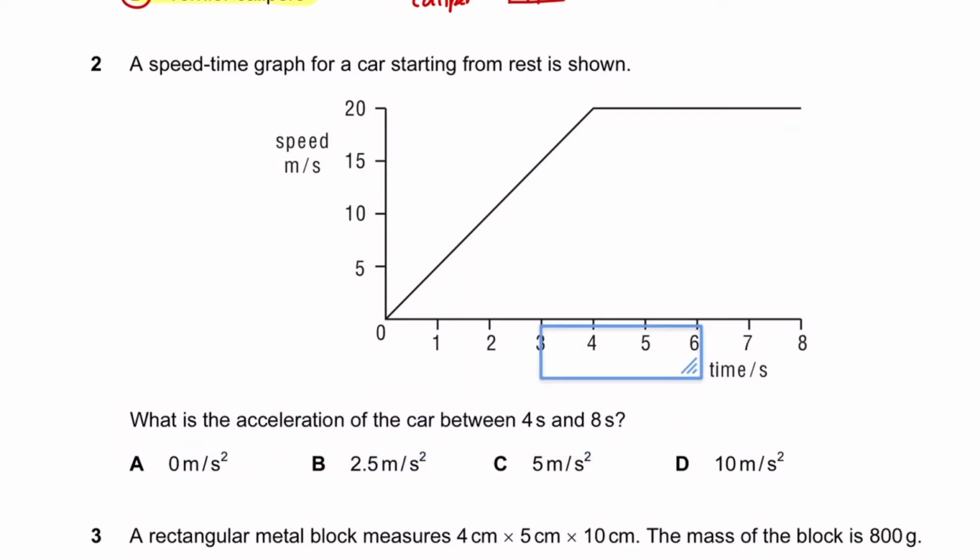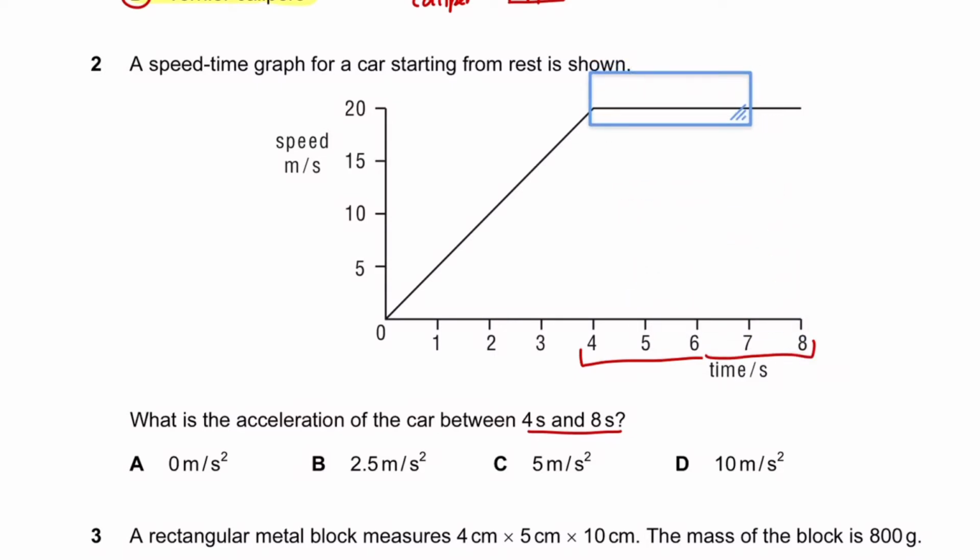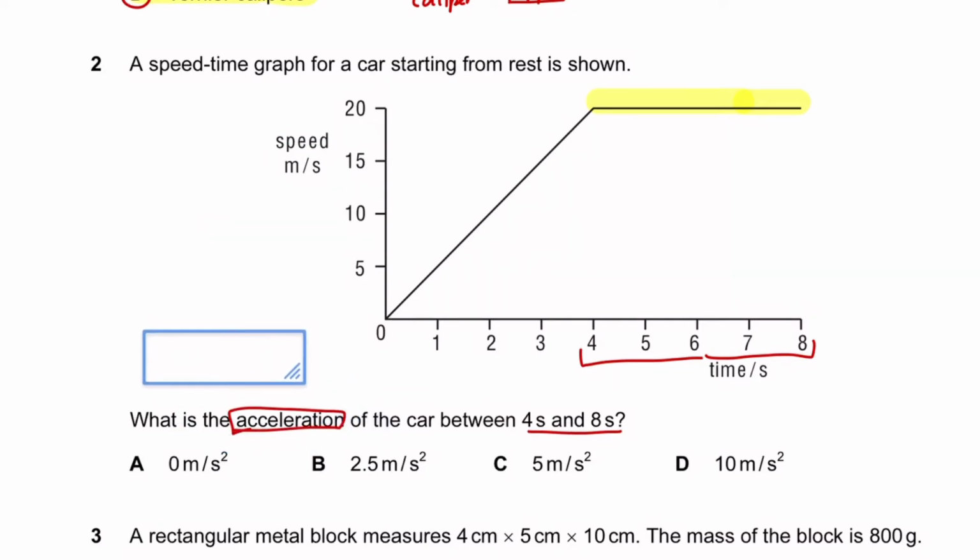So the keyword here, 4 seconds and 8 seconds, from here till 8, as shown by this flat line right here. So, the question asks, what's the acceleration between this 4 second to 8 second of this flat line?